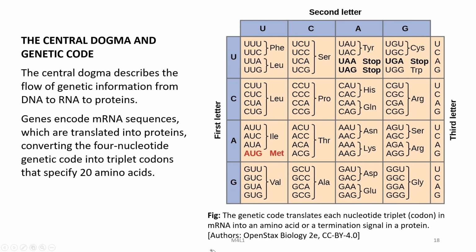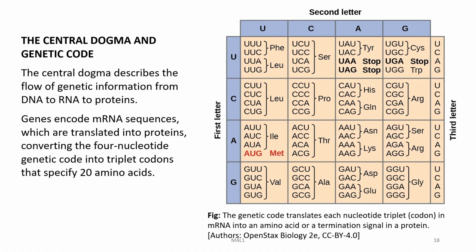This table describes the different genetic codes against corresponding amino acids. For example, if we have 3 U's, first place U, second place U, third place U, this will code for phenylalanine. But if the third place is changed, in this case to A or G, it will represent leucine.